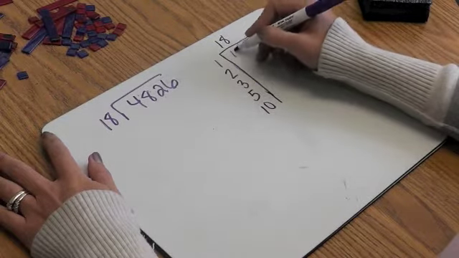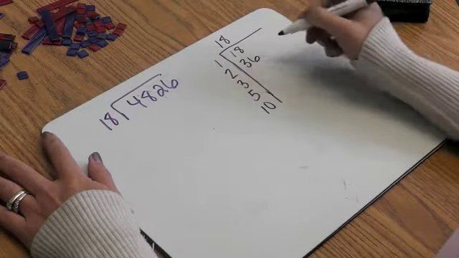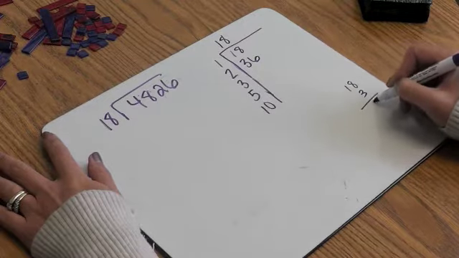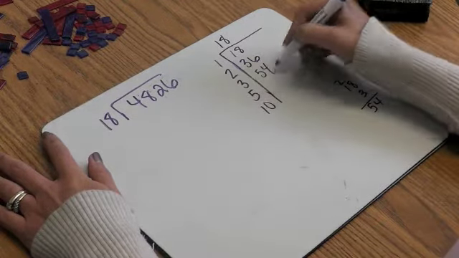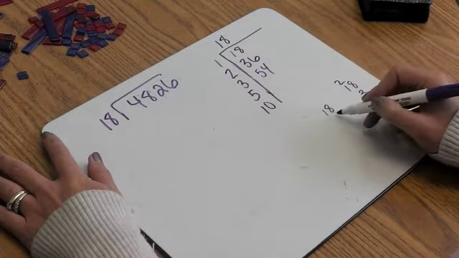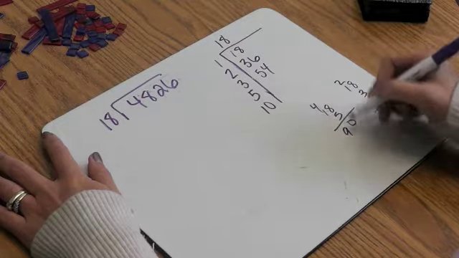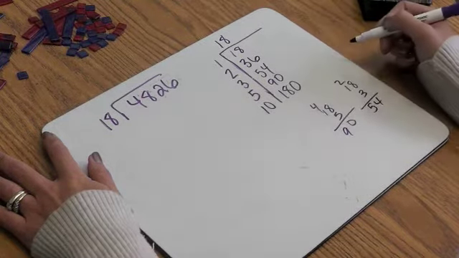So 1 times 18 is 18, 2 times 18 is 36, 3 times 18, if they're not sure, they can work it out or use a calculator. It's 54. 5 times 18, again, if they're not sure, they can use a calculator or work it out, is 90. And 10 times 18 is 180.